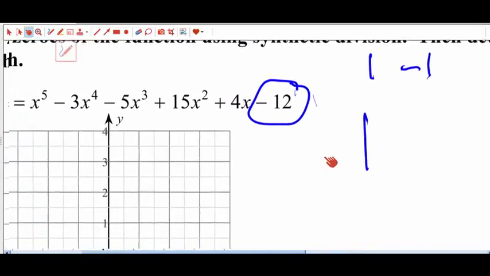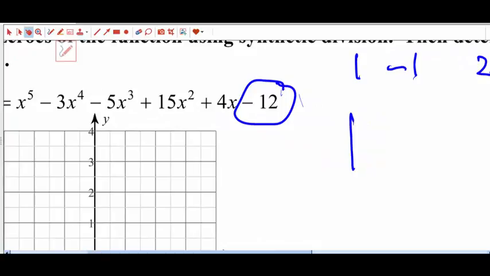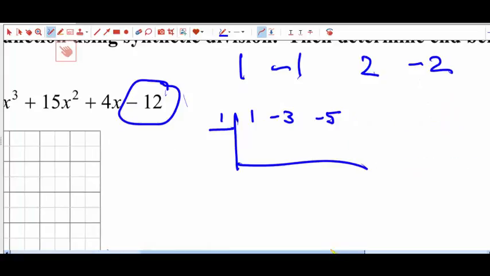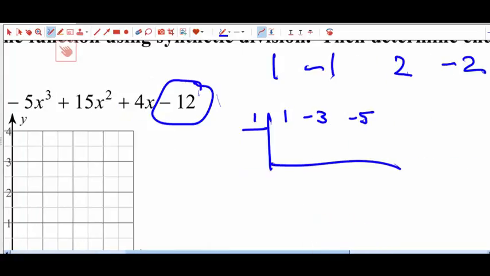Okay, so I'm going to do synthetic division. I'm going to start with 1, and I put the coefficients in my problem.